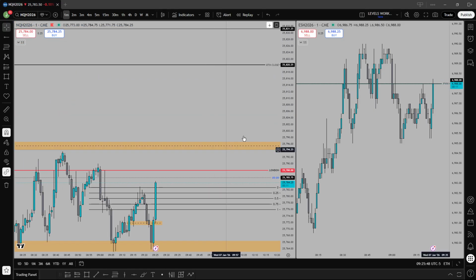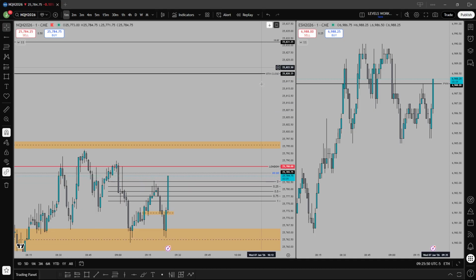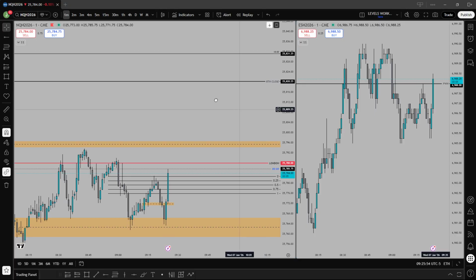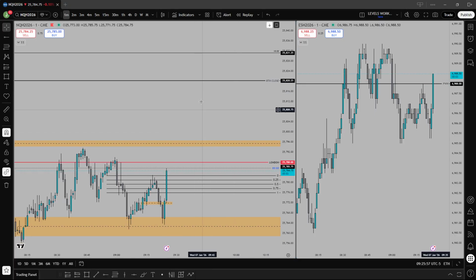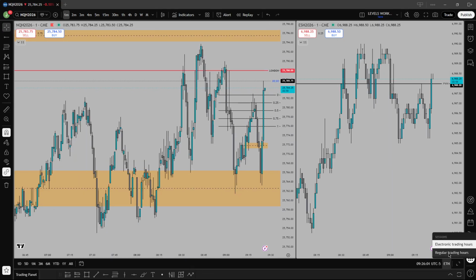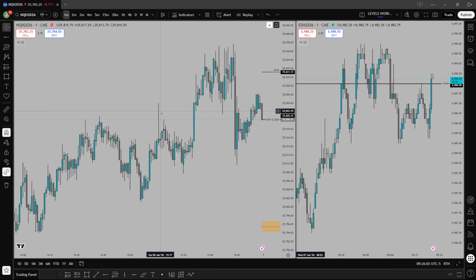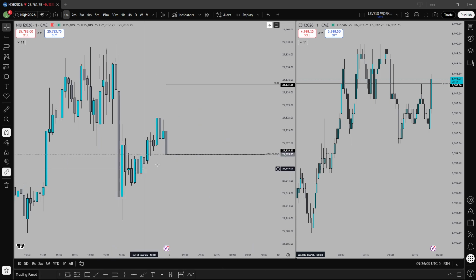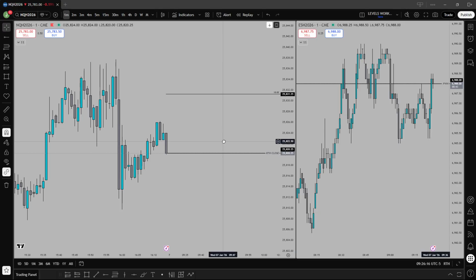This could be algorithm trying to reprice pre 9:30 so it doesn't create much big of a gap. And on regular trading hours, I want to mark PM liquidity, which is of course this low, this low, and this high.